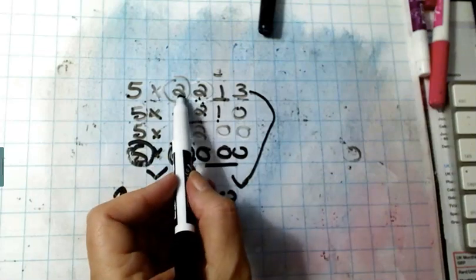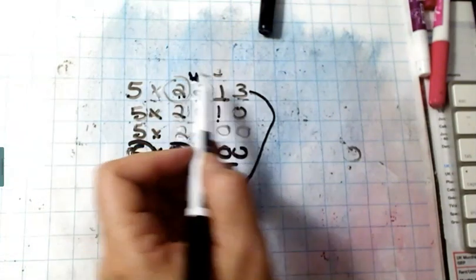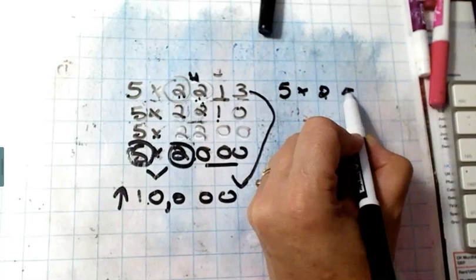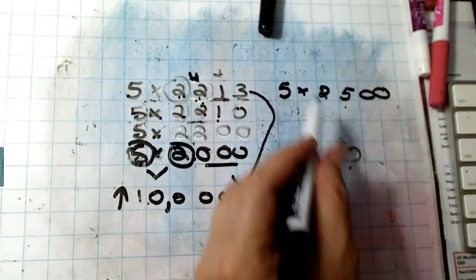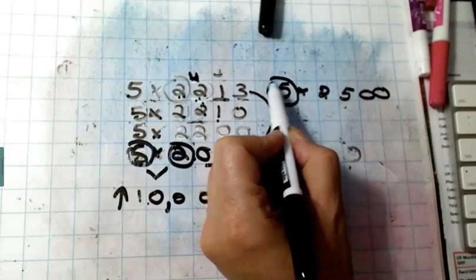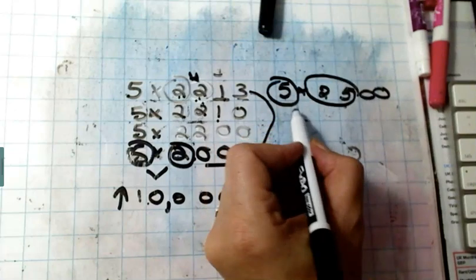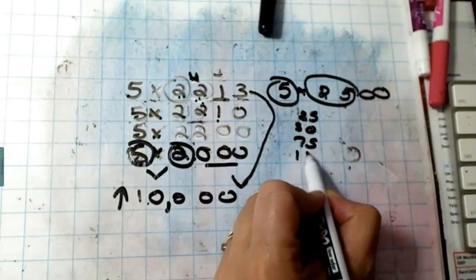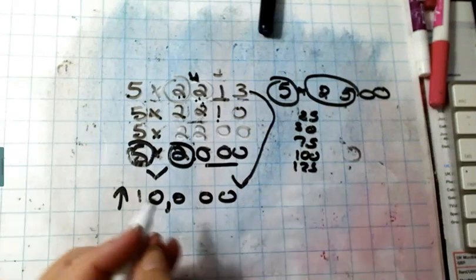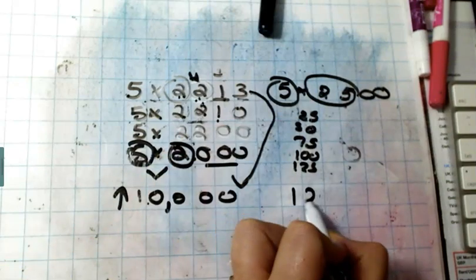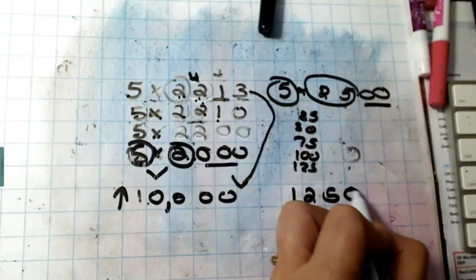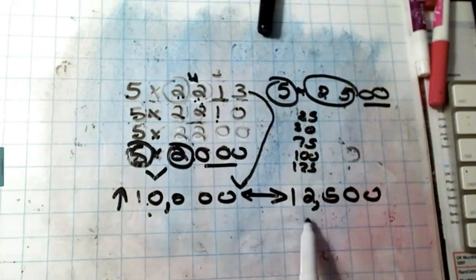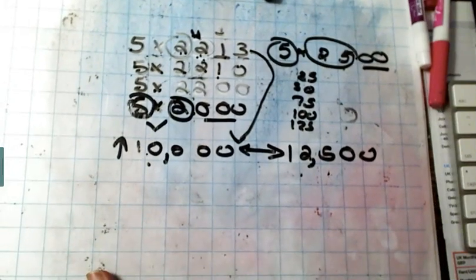If I round up a little bit, I could do 5 groups of 2,500. Do you see that? I know that 5 groups of 25, I can count by 25s. 25, 50, 75, 100, 125. So 5 groups of 25 would be 125. And how many zeros? 2. So my answer is going to be somewhere between 10,000 and 12,500. That's what it means to estimate.